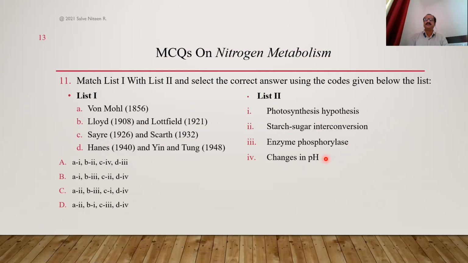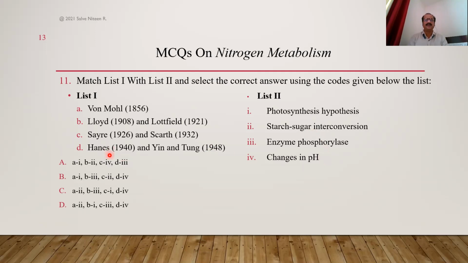The changes in pH are responsible for this starch-sugar interconversion. They suggested that there is formation of sugar during daytime and starch during nighttime. Starch formation takes place when pH is acidic, and sugar formation occurs when the pH is alkaline or neutral. That was given by Seri and Scarth.